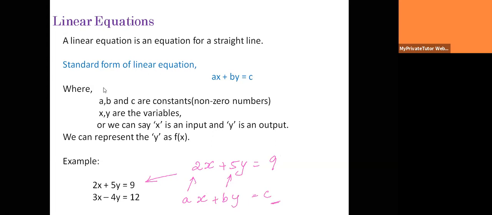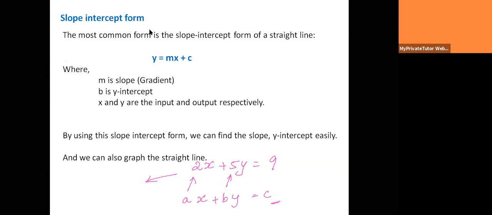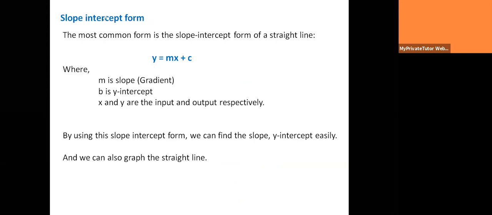The next one is the other form I explained. This is another way of representing a straight line or linear equation, which is the slope-intercept form, y equals mx plus c. Why? Because m is the slope, or gradient as we call it. In different countries we use different words, but slope and gradient are the same. c is the y-intercept.